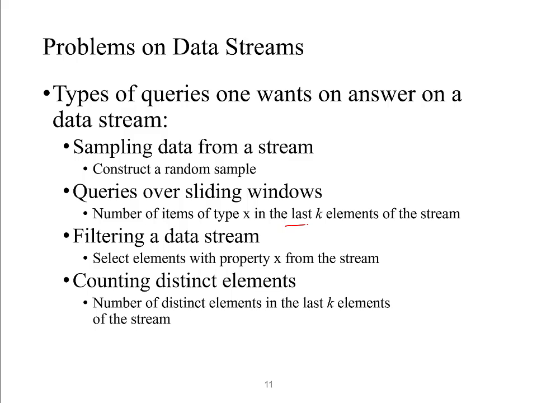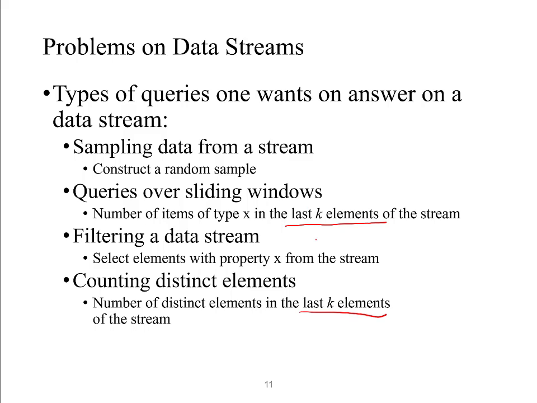For all these last k elements, you shouldn't think this k is small. If k is small enough that you can fit it into the main memory, then it will not become a problem in data streams. So this k would be large, or at least larger than the main memory, which means that you can only have part of these k elements in your memory.